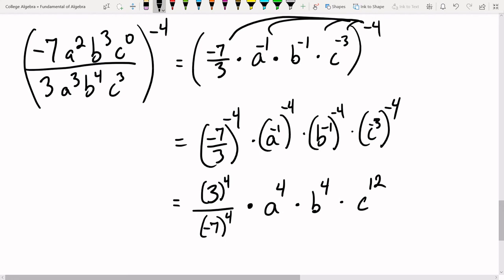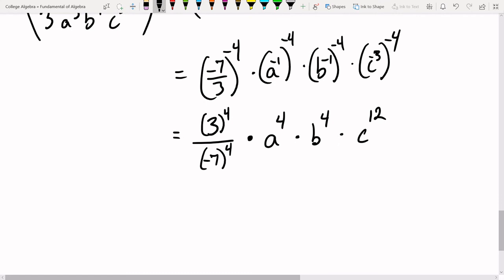Now you see that a, b, and c are all positive exponents, so they can just go on the top. 3 to the 4th power is 81. That's a nice, easy number to write down, but 7 to the 4th power is going to be a long one. Well, I can still write it out. I got plenty of room there, so I'll use a calculator.